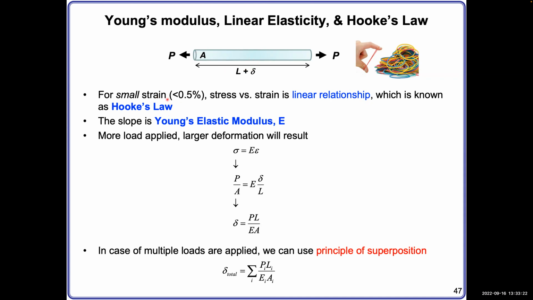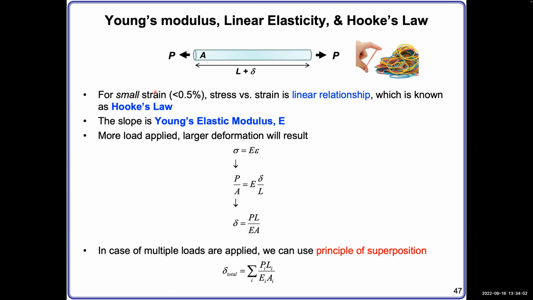Okay, so for those bars, when they are stretched, or when they are pulled, they can get elongated. It's like this rubber band, right? The rubber band can be stretched, but it cannot be bent. So only stretch. The bar can be stretched, can be compressed, but it cannot be bent. Okay, so when we talk about this deformation, usually we are dealing with small strain.